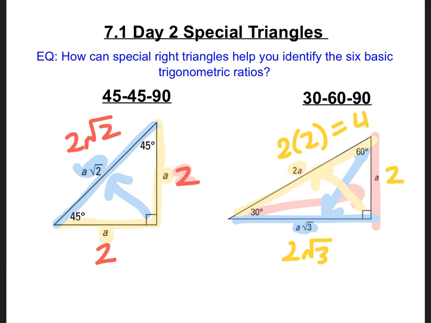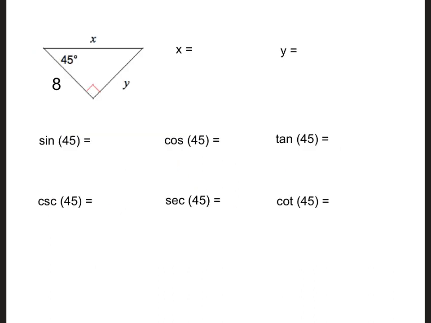All right, we're going to start looking at the problems with our trig ratios. My first one, notice we have a 45-degree angle. So that means we have a 45, 45, 90 triangle. Remember, that tells me the two legs are going to be the same size. The first thing you're going to do is figure out how big y is. On your last slide, remember we said this one was A, this one was A, and this one was A root 2.